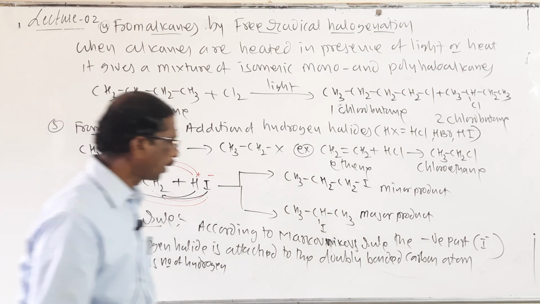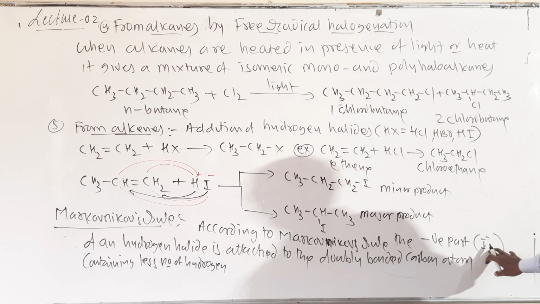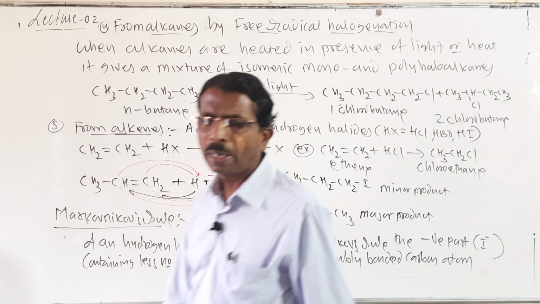Look here students, according to Markovnikov's rule, the negative part, I minus, of a hydrogen halide is attached to the doubly bonded carbon atom containing less number of hydrogen.